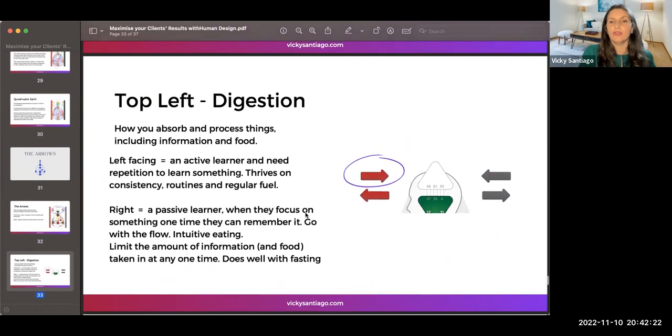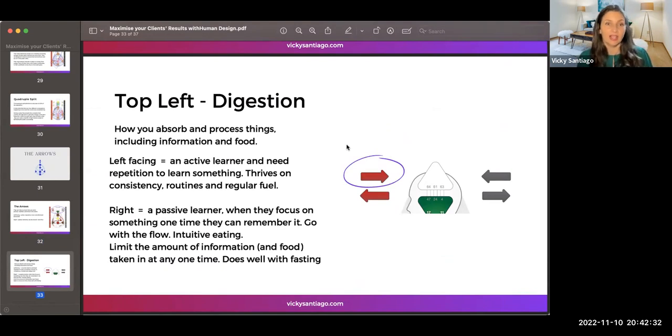So this one here on the top left is the arrow of digestion. So this one is about how you absorb and process things. So that includes information as well as food. So if you've got somebody who has a left-facing arrow, then they're an active learner and they need repetition in order to learn something.